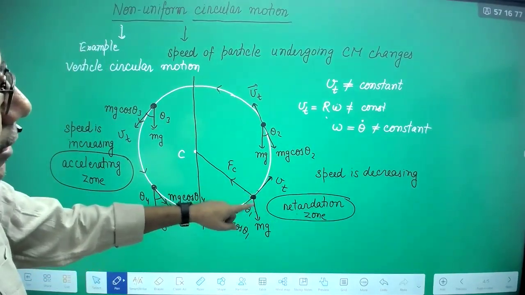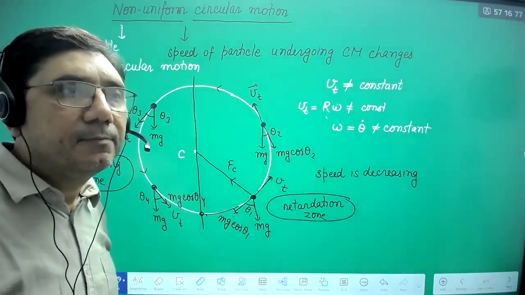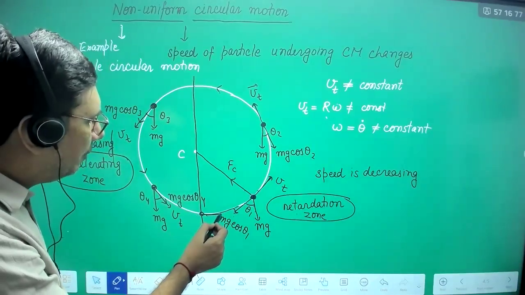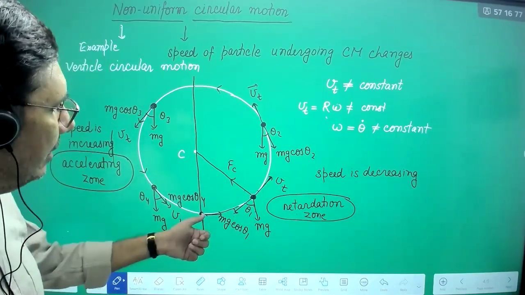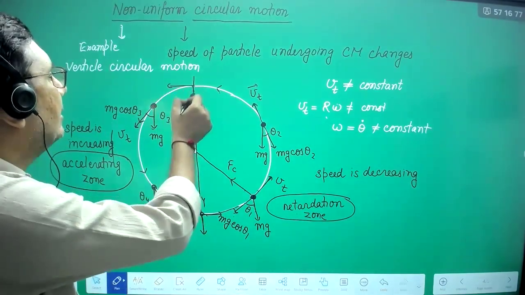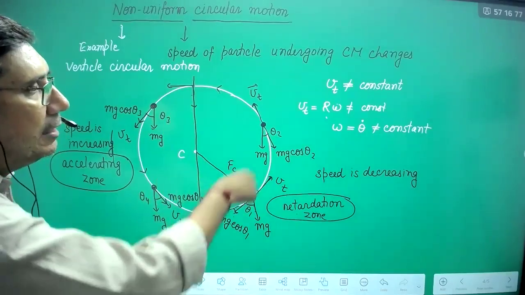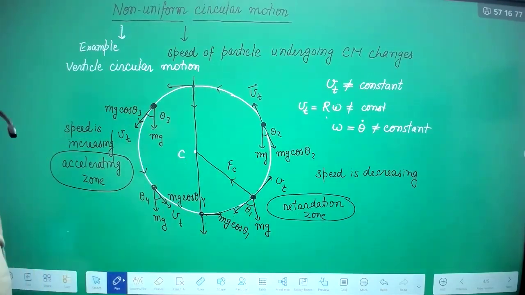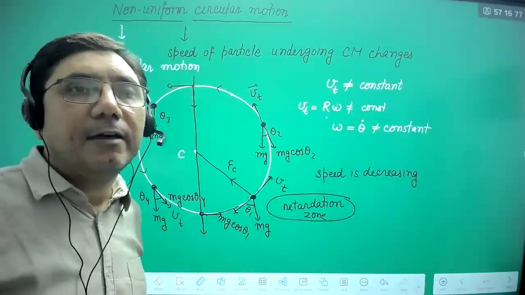So due to this mg, throughout its motion, this mg is at some angle with this Vt. Okay, except this point. No, here also it will be at an angle. Here it will be like this, here mg will be there. Only at these 2 points will the weight be at 90 degrees. Other than these 2 points, at every point you will have a component of the weight either parallel to the velocity or anti-parallel to the velocity.